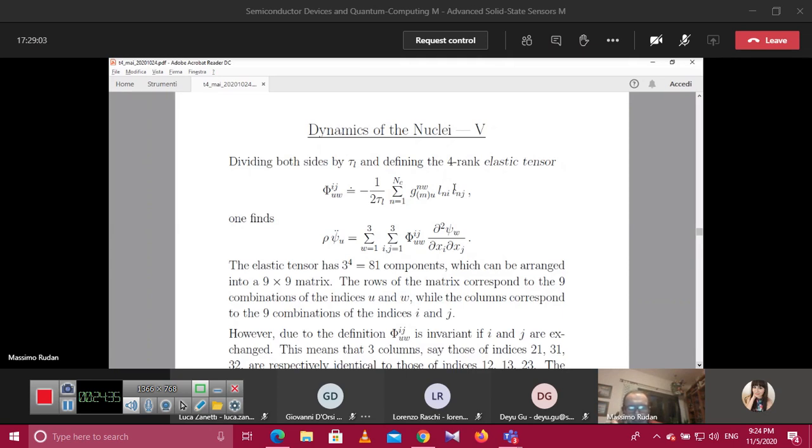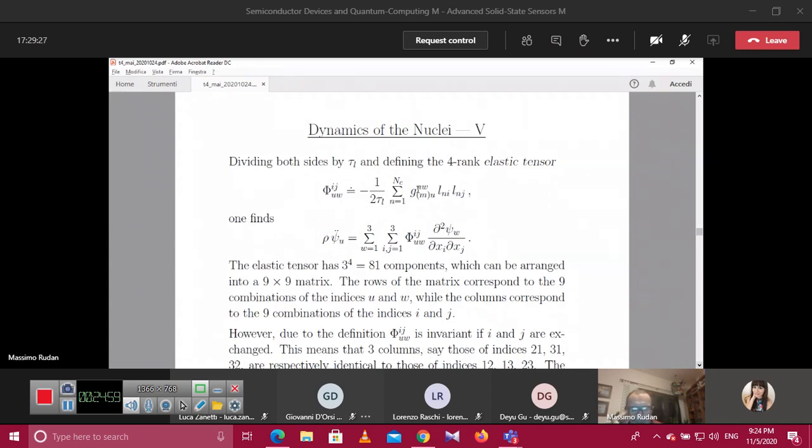So obviously, this tensor is invariant under exchange of the 2 indices I and J. But at the same time, it is also invariant upon exchange of the indices U and W, because you remember that G is symmetric with respect to the upper indices and lower indices.